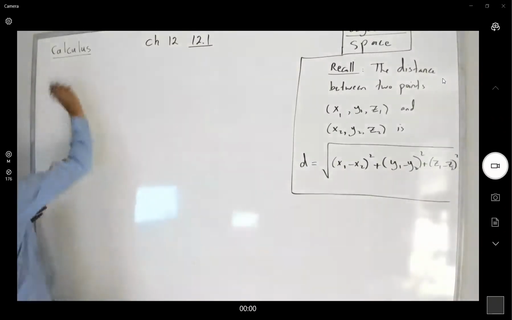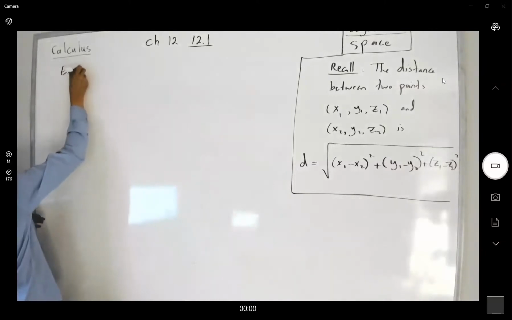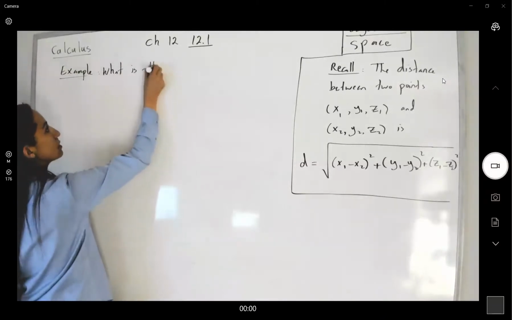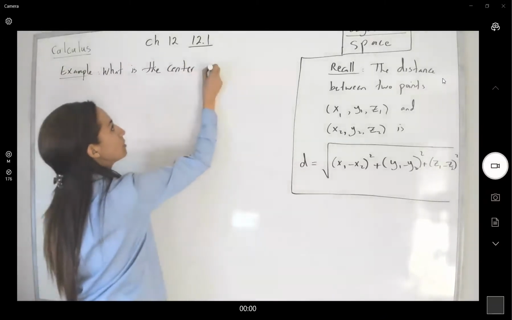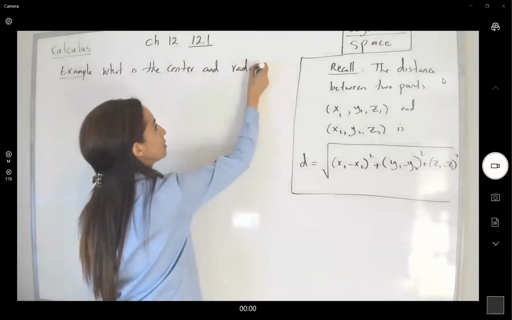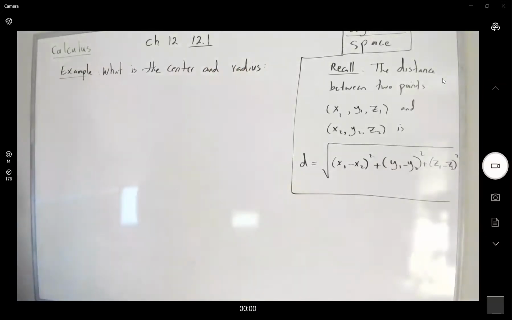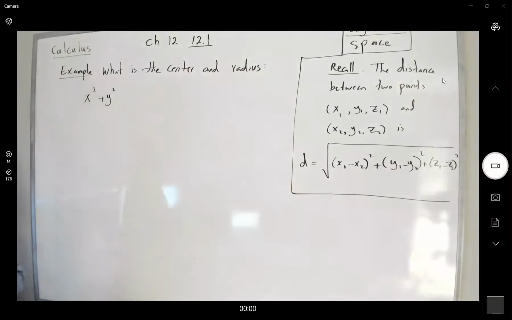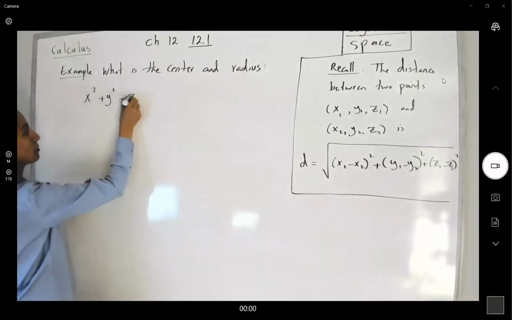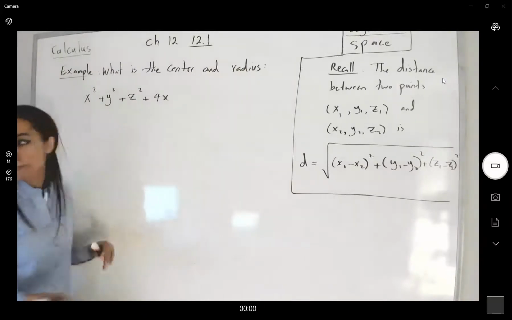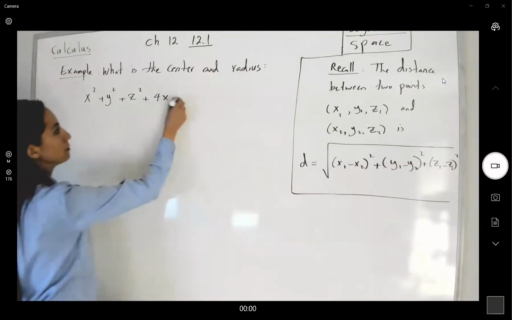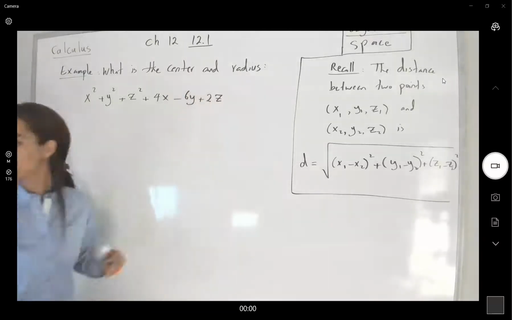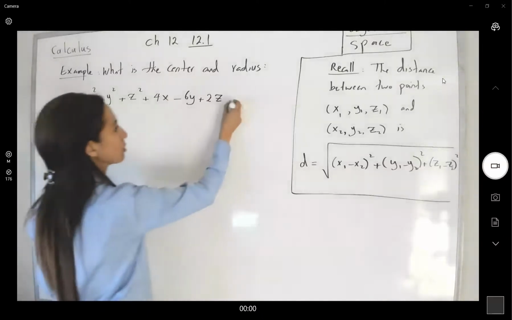So the question says, what is the center and radius of the following sphere? Here we have x squared plus y squared plus z squared plus 4x minus 6y plus 2z plus 6 equal to 0.